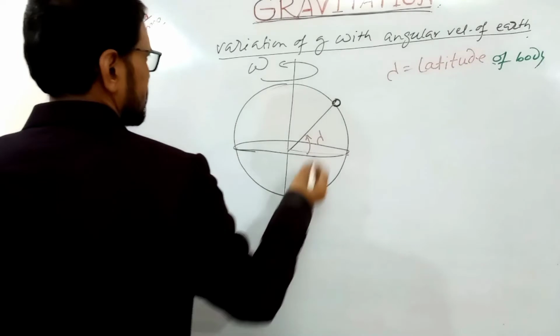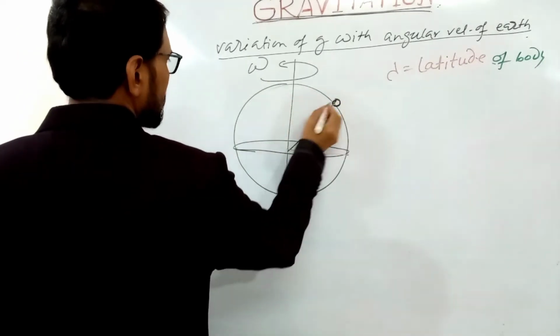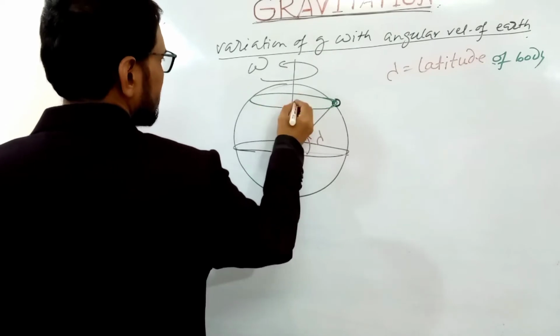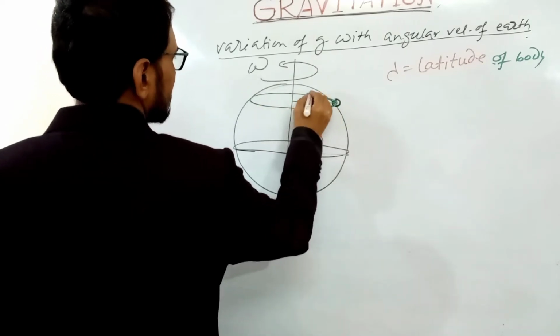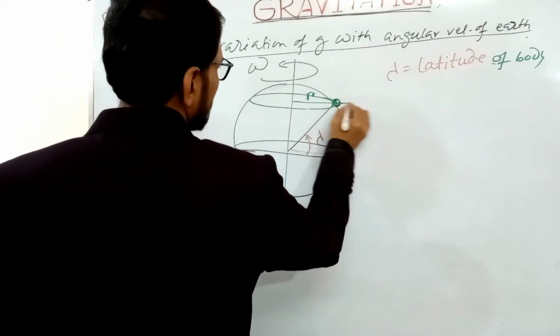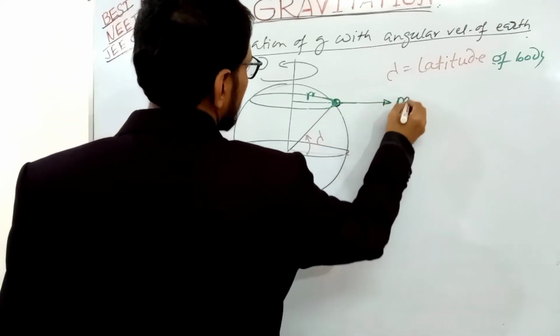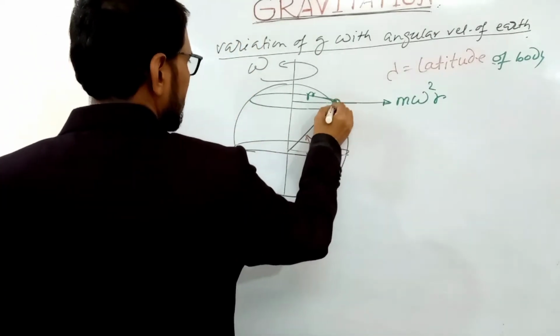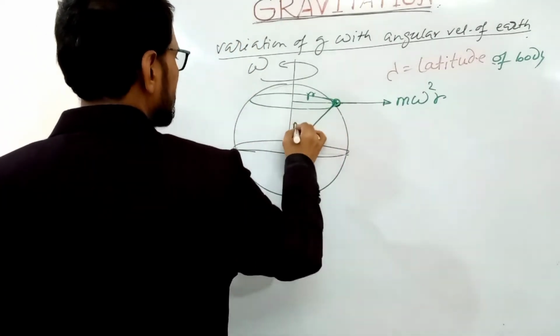Now this body rotates with angular velocity omega about this circle whose radius is r. Now, due to this angular velocity of the body, a centrifugal force acts in this direction, m omega square r, and weight of the body acts in this direction, which is mg.